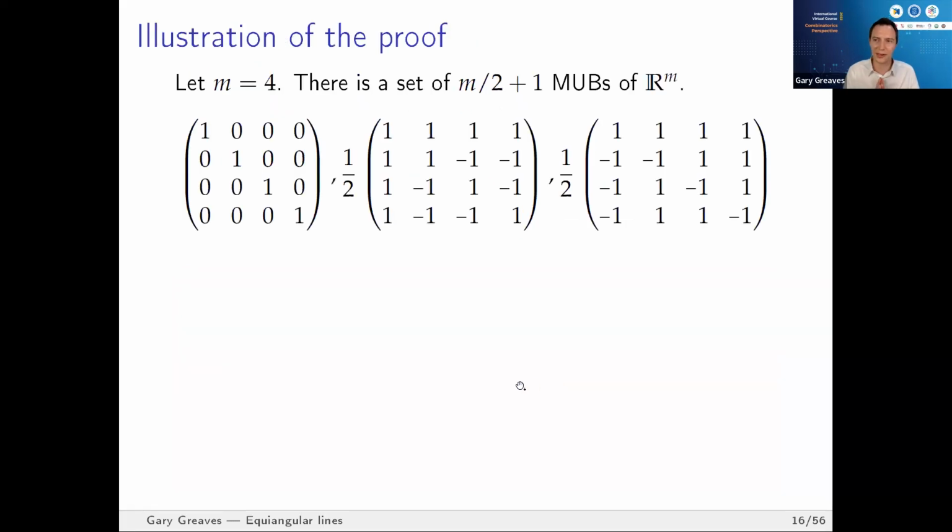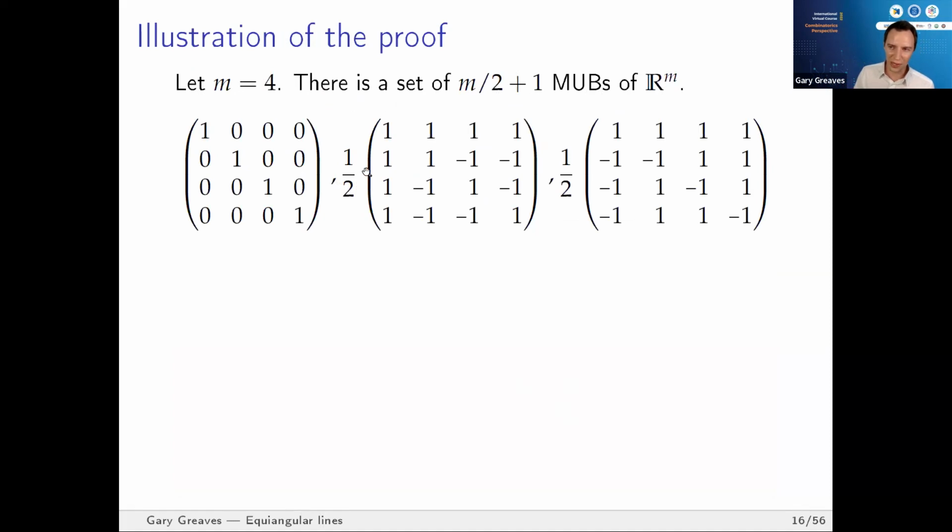So here comes the idea. I'm just going to illustrate the proof using one example. So I'm going to start off with m is 4. And if m is 4, then using work of Cantor, we know there's m over 2 plus 1 mutually unbiased bases in R to the m. So this actually works for any power of 4.